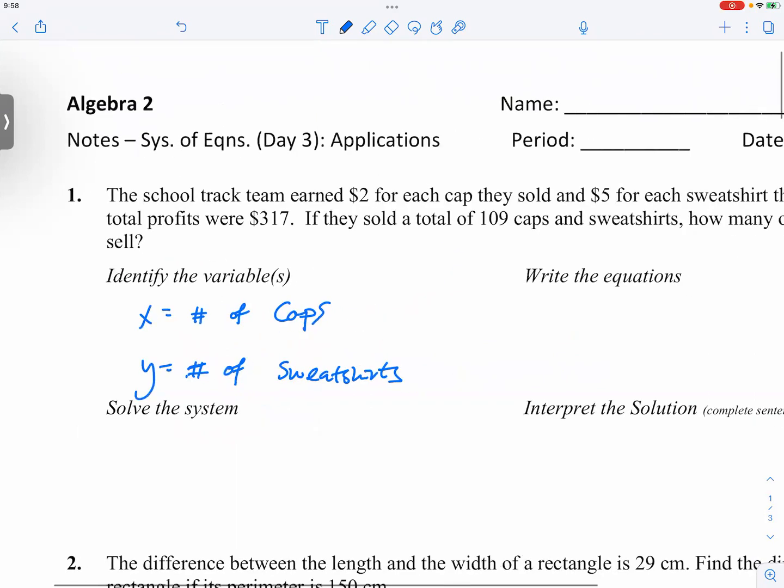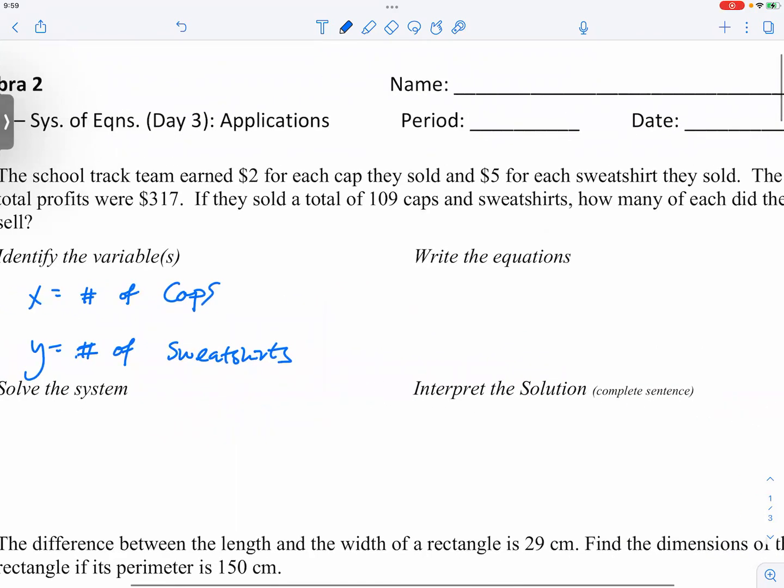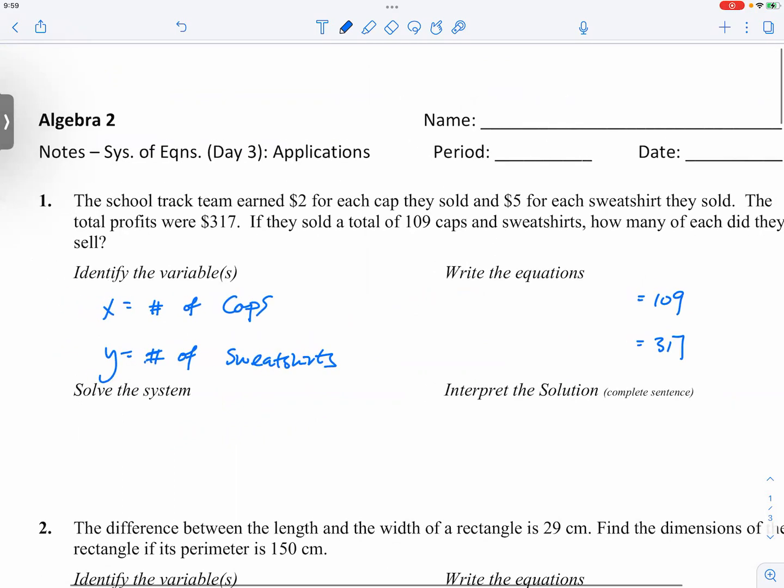Now I'm going to ask you to see if you could write down 2 equations, one equal to 109, and the other one equal to 317. Can you write down 2 equations, one equal to 109 and the other one equal to 317?